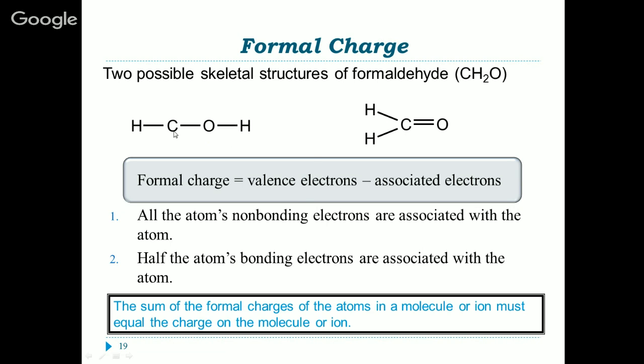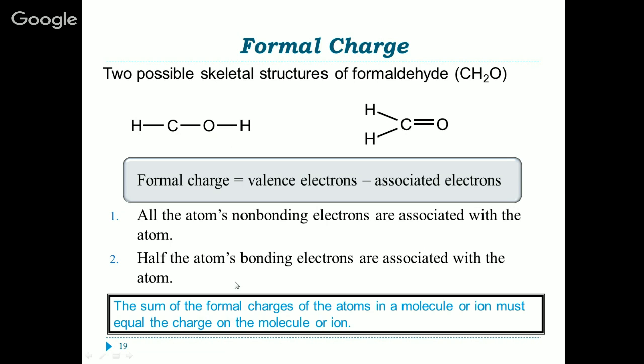For example, carbon starts with 4, hydrogen starts with 1, oxygen starts with 6. Then how many electrons are associated with it? Those are in bonds and lone pairs. So if there's a lone pair of electrons, we count 2 electrons for that atom. If it's a bond, then we only get half of those electrons. So for a single bond, each atom really only has 1 of those electrons.